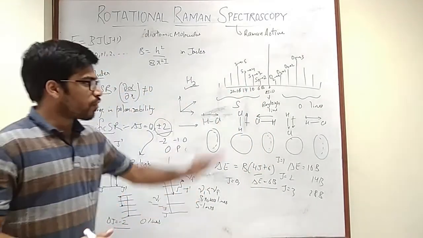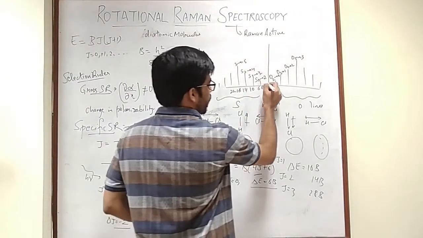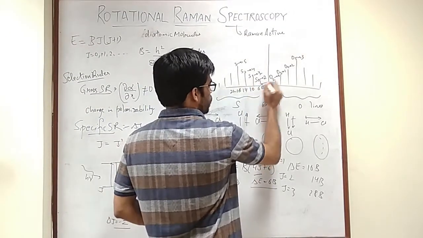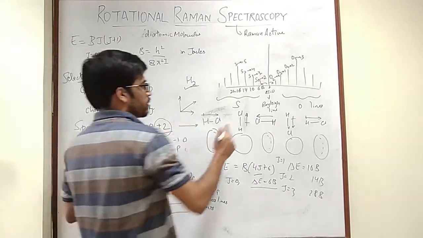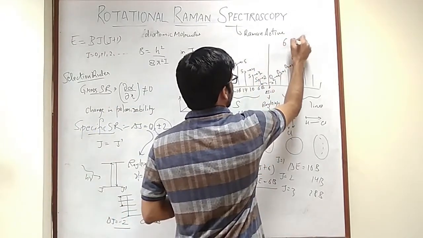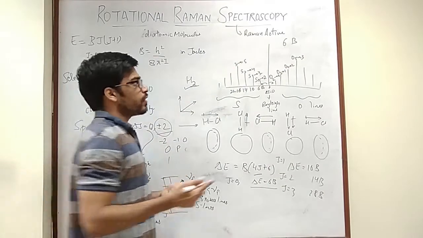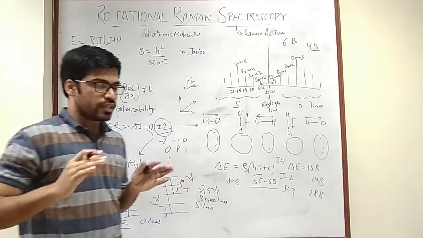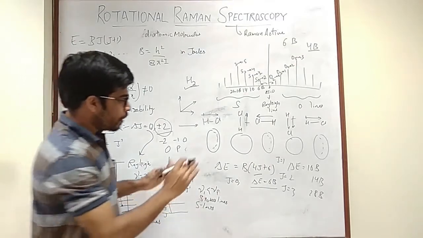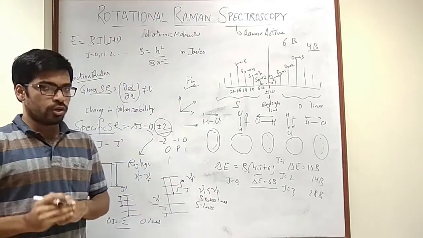So the takeaway from this spectra is that the first line, whether it's in the Stokes line or anti-Stokes line for diatomic molecules, is at 6B, and every other consecutive line is at a distance of 4B. There are questions from this that we'll see. Okay, so this is the case of a diatomic molecule.